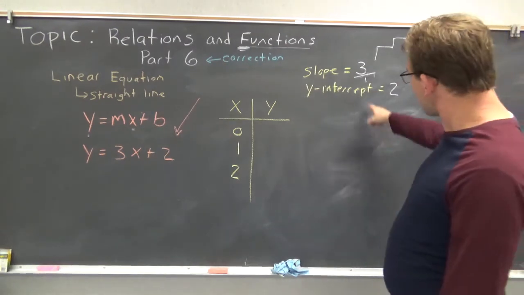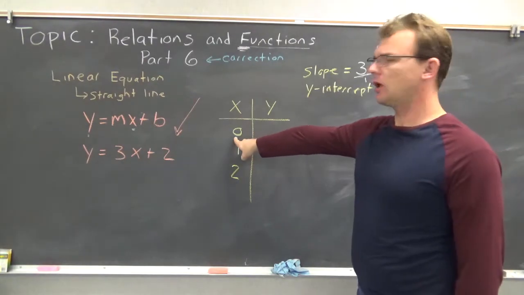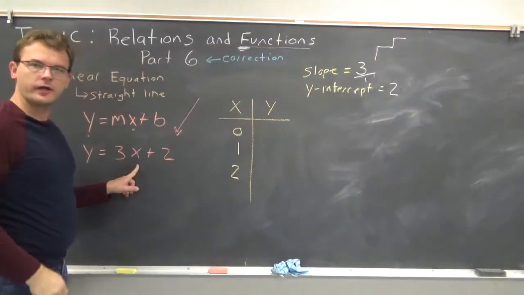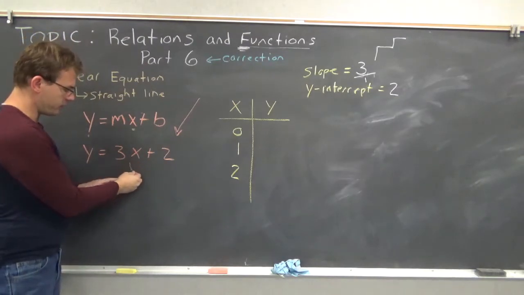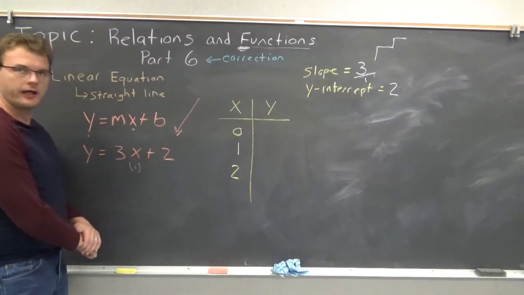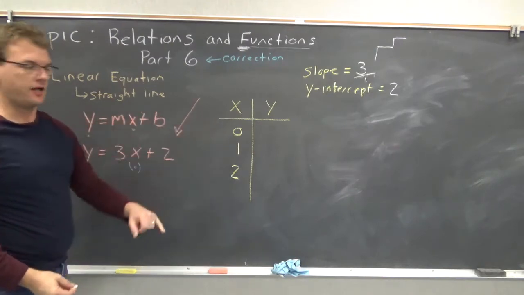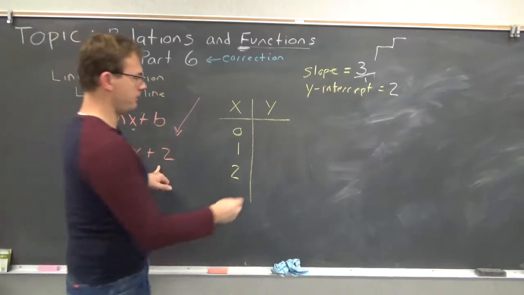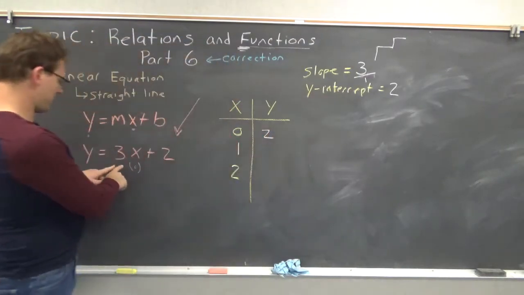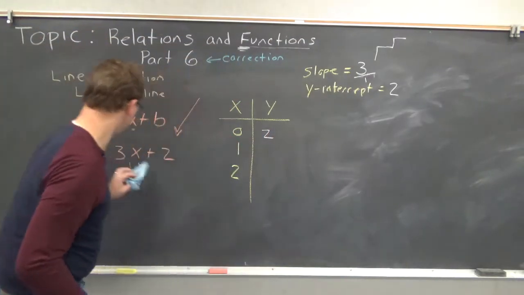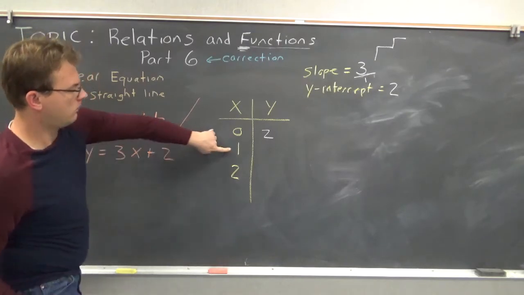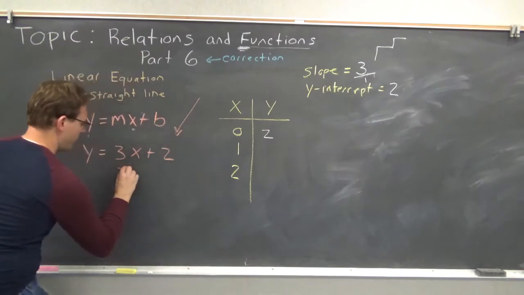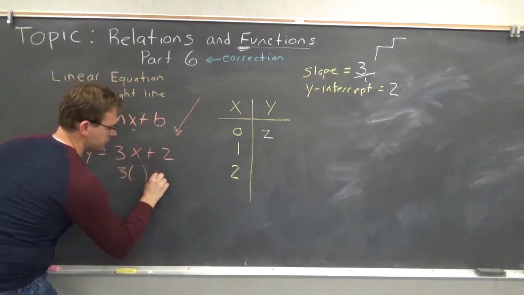Okay? So if you plug 0 in to our equation, if you plug 0 in for x right there, what do you get as our output? 3 times 0 is 0. You get just 2, right? Okay. Well, what if you put 1 in? Remember, this is 3 parentheses x plus 2.